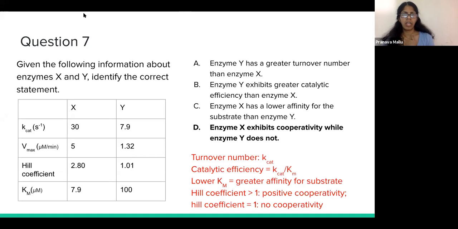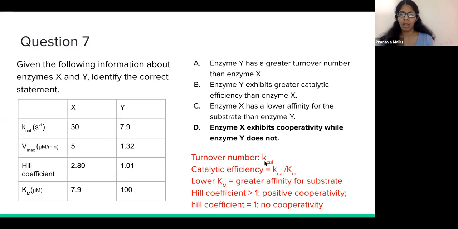So to work through each option, A is asking about turnover number, which is kcat. And if you remember, that's equal to Vmax over enzyme concentration. Sorry, I should have specified in the question, but if it doesn't tell you, you can assume the question is asking about the same concentration of both enzymes.